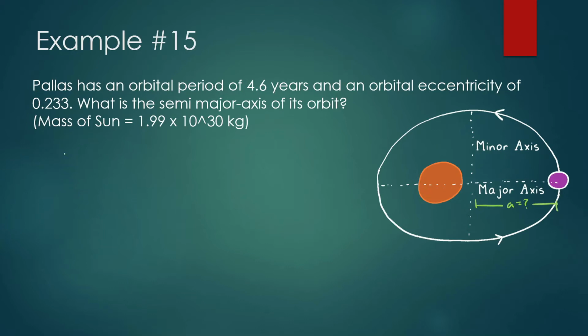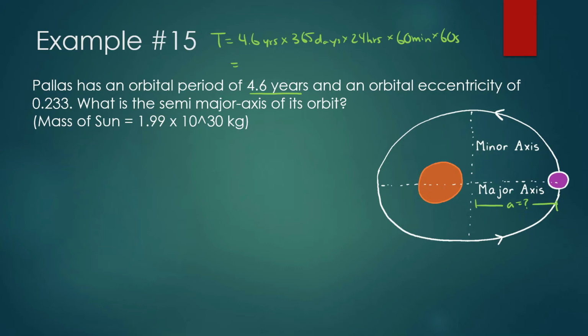So I'm just going to derive everything. Well, maybe first let me change this 4.6 years into seconds. So I can see that the period is 4.6 years. I'm going to multiply this by 365 days, multiply that by 24 hours, multiply this by 60 minutes, and then multiply by 60 seconds, so I could get this answer in seconds.